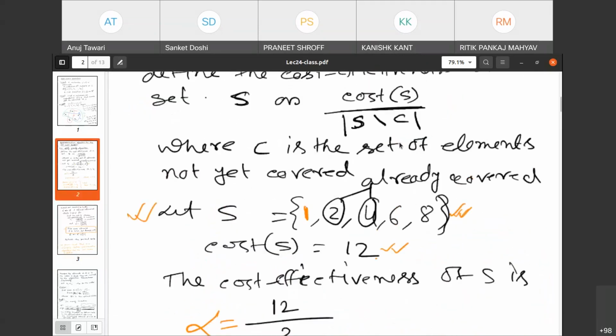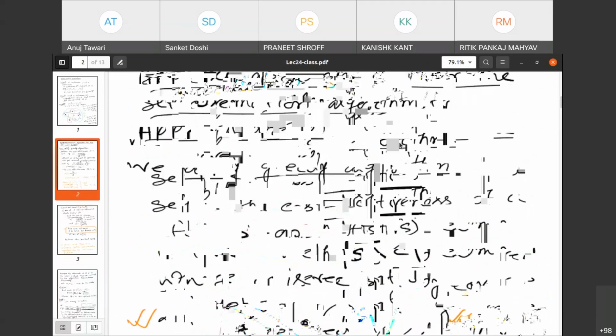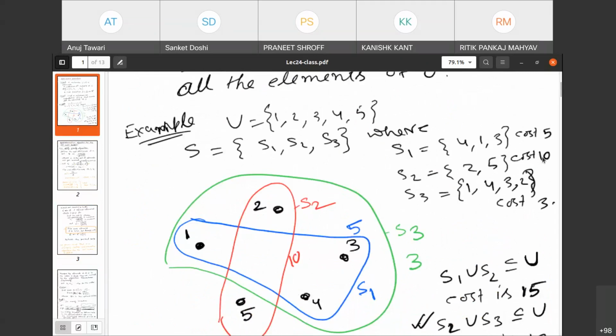So for instance, let's look here at the algorithm. In fact, it doesn't have to be necessary. So these costs are absolutely arbitrary. It's not necessary that cost of S1 union S2 will be that. S1 union S2 may not even be in my set of subsets. Right?